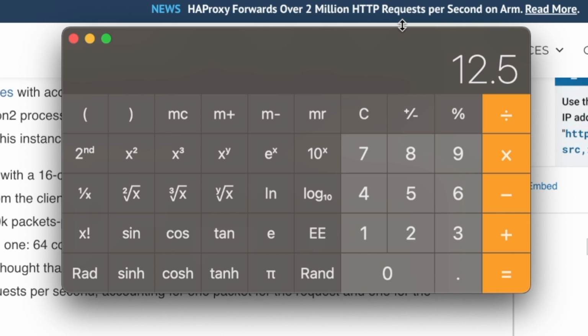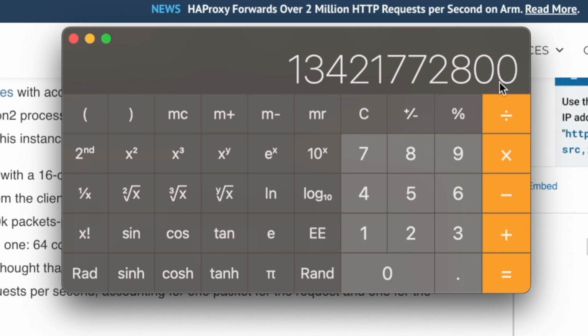Now you multiply this by 1,024 to get 12,800 megabytes, and multiply by another 1,024 to get about 13 million kilobytes. Then multiply by another 1,024 and you get about 13 billion bytes, 421 million, 772,000 bytes.